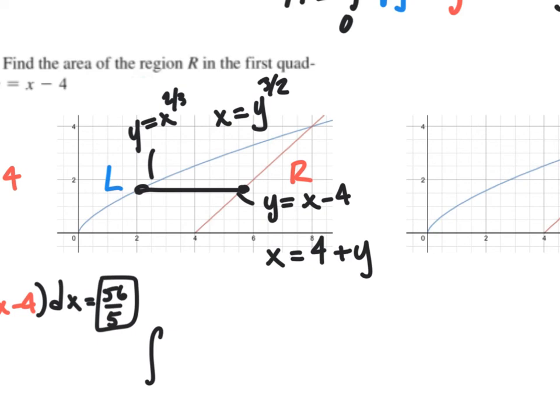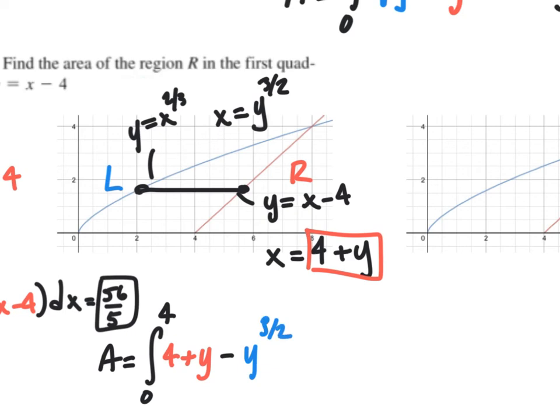So the area is equal to the integral from 0 to 4 of my right function, which is 4 plus y, minus my left function, y to the 3/2. Then I integrate with respect to y, dy. Again, this is going to be the same area of 56/5.